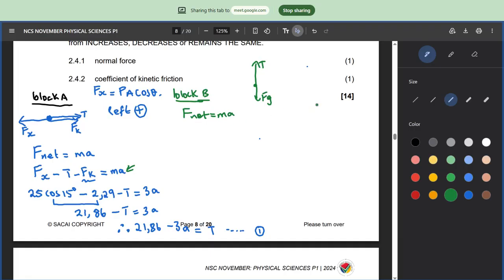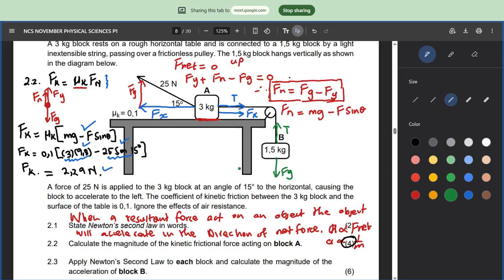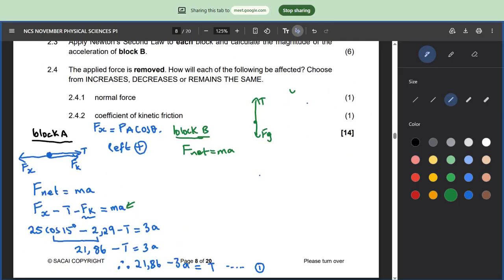Another thing you need to pay attention to: we said we are taking left as positive, and block B accelerates like this. So if left is positive, we are forced to take up as positive for block B. If it's up as positive, we take the tension, we minus the FG, and this equals MA.